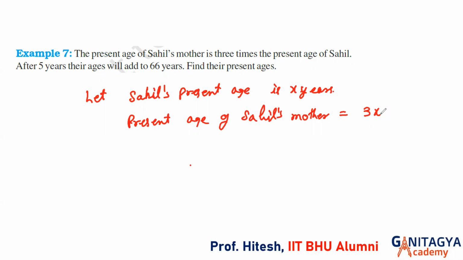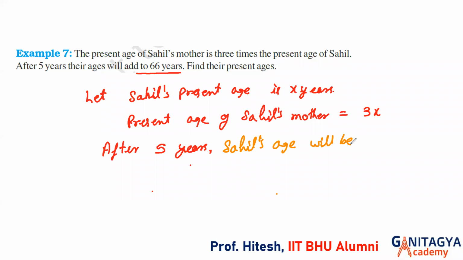Okay, then after 5 years their ages will add to 66 years. So let us first write after 5 years. After 5 years Sahil's age will be how much?